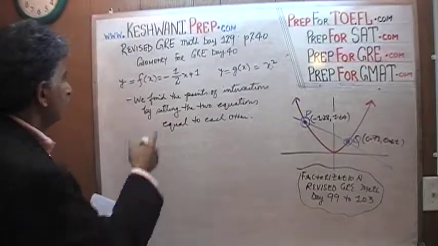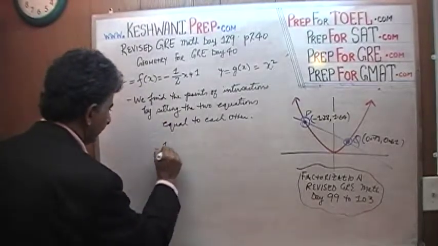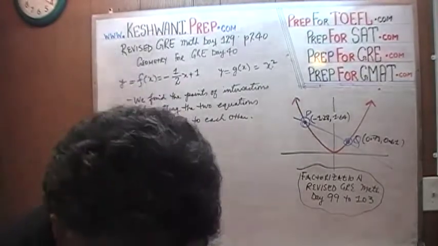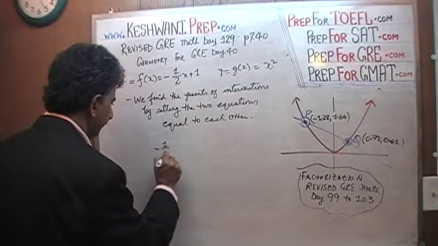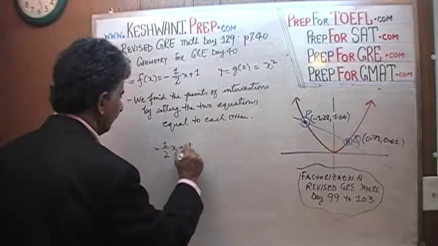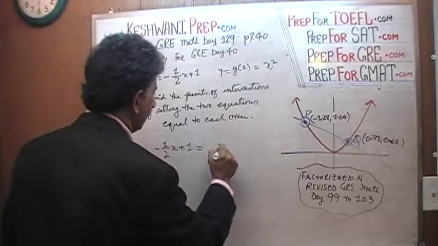So let's do that. The first equation is this, negative 1/2 x plus 1 equals x squared.